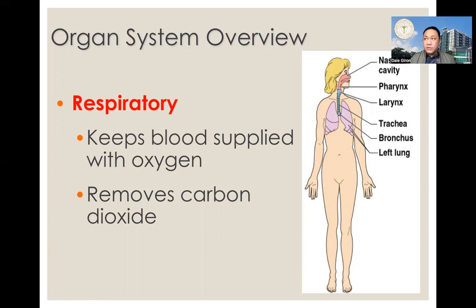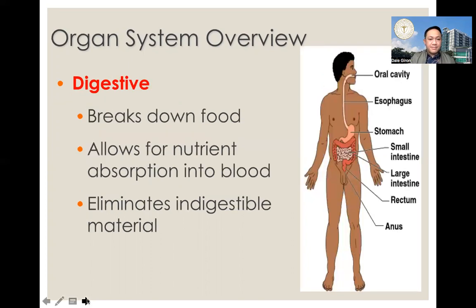Right now, with this weather, it's common to have an upper or lower respiratory tract infection, caused by viral or bacterial infection. So you must know that the main function is that you are supplied with oxygen and it removes carbon dioxide.